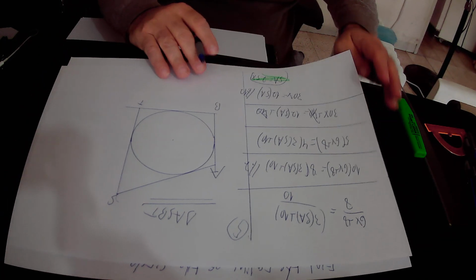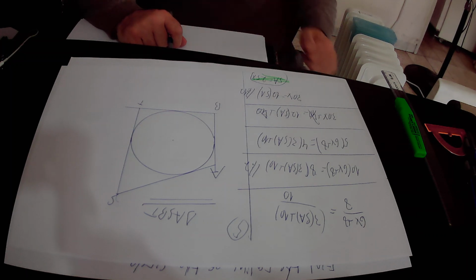So this is quadrilateral ASBT that I copied from the original drawing.